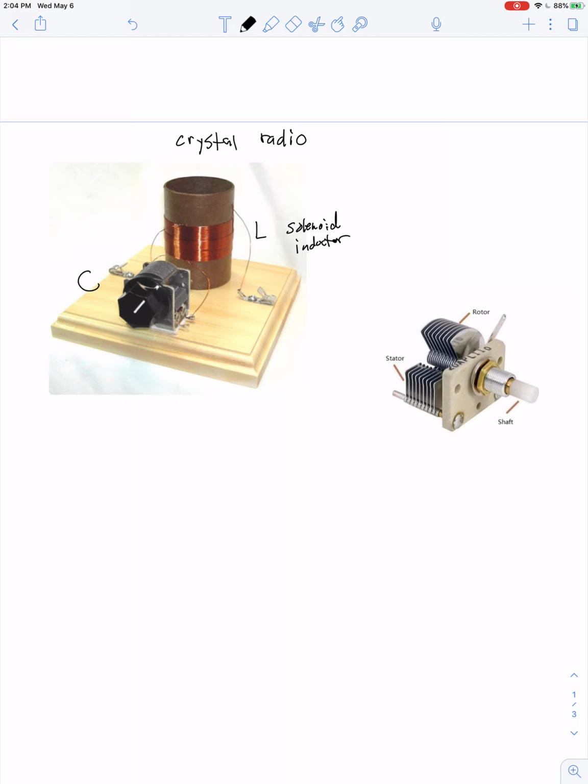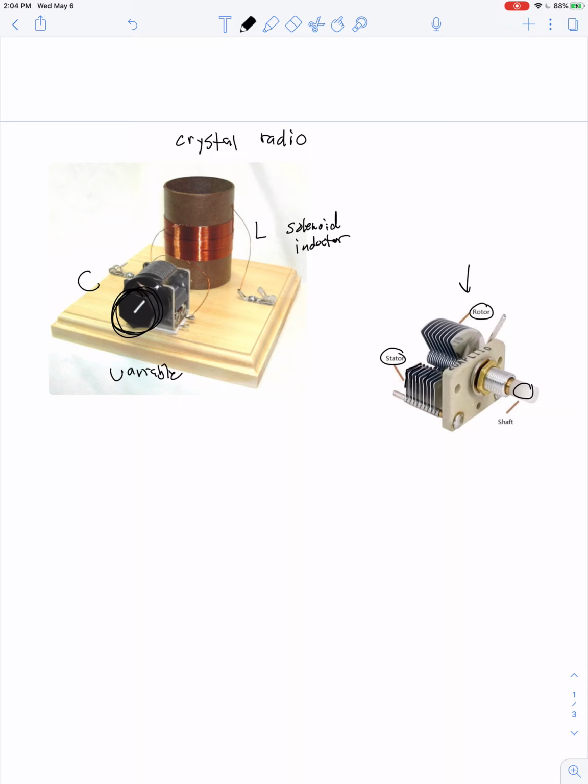So here's a close-up view of the type of capacitor you could use, a variable capacitor. The knob on this variable capacitor is just turning a shaft. Now part of the variable capacitor is a stator, which is just a bunch of metal plates that are stationary.